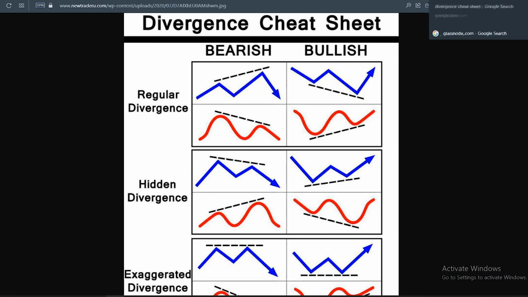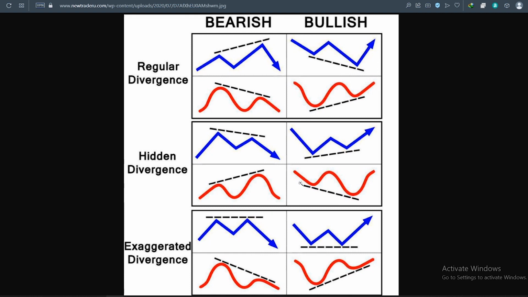You'll notice different patterns. Like here, it's a hidden bearish divergence when price makes a lower high and a higher high on the scalper. And the extravagated divergence, when you see double tops and double bottoms on the candles, and different higher lows, higher highs and lower lows on the scalper. You will see extravagated divergences on the bearish and bullish side.